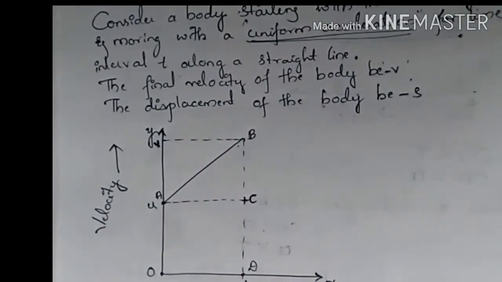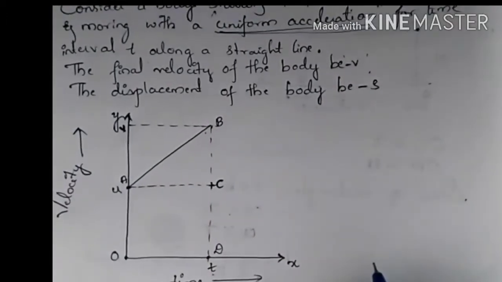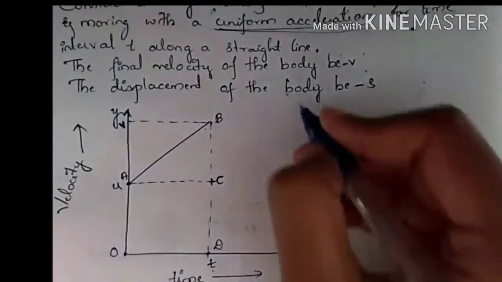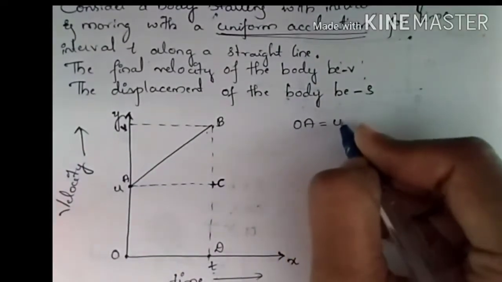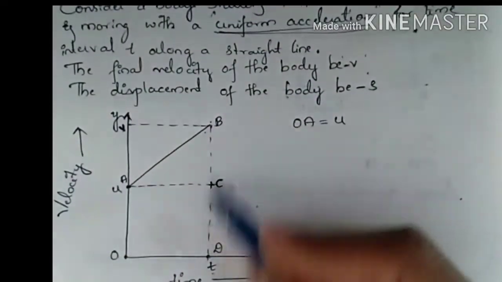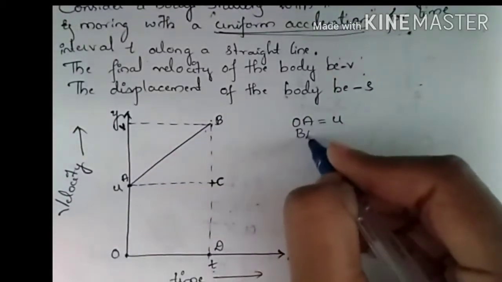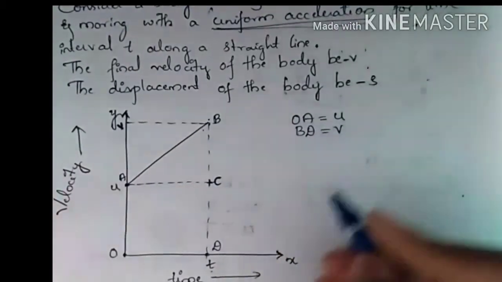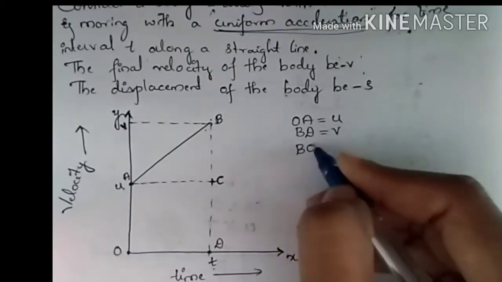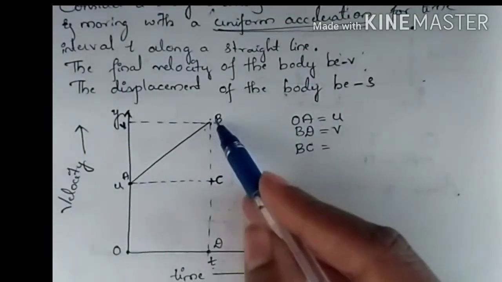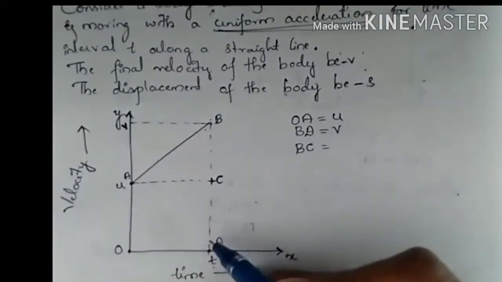Is this clear? Now from the graph, the value of OA will be what? It is u, and BD will give you what? v, velocity, and BC will be how much? BD minus CD.